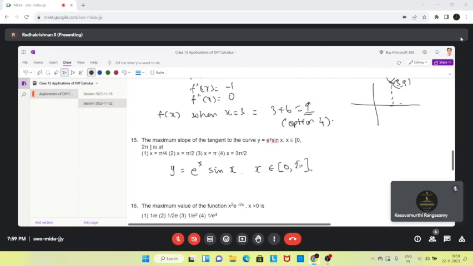Now the maximum value of the slope, the slope is the first derivative. So where the maximum value of the first derivative occurs is when the second derivative is going to be zero. So we have to do two differentiations here.